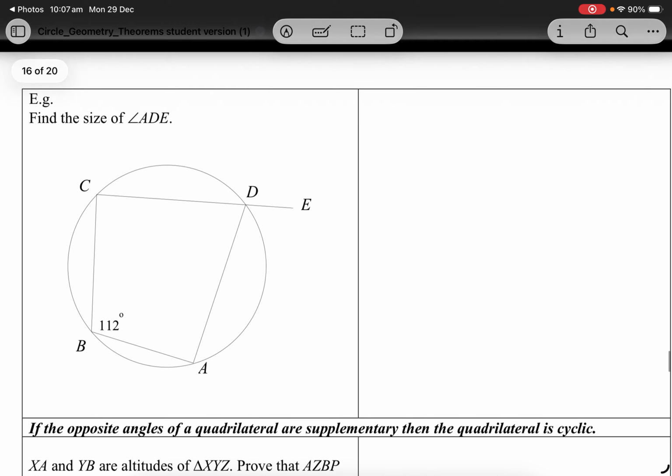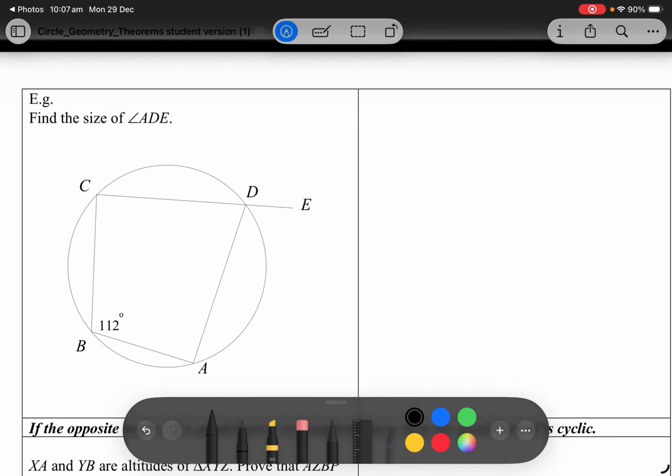Okay, so last part here, we are just trying to apply this theorem here. So we want to find the size of ADE, this exterior angle here, and using our circle theorem, angle ADE equals the opposite interior angle.